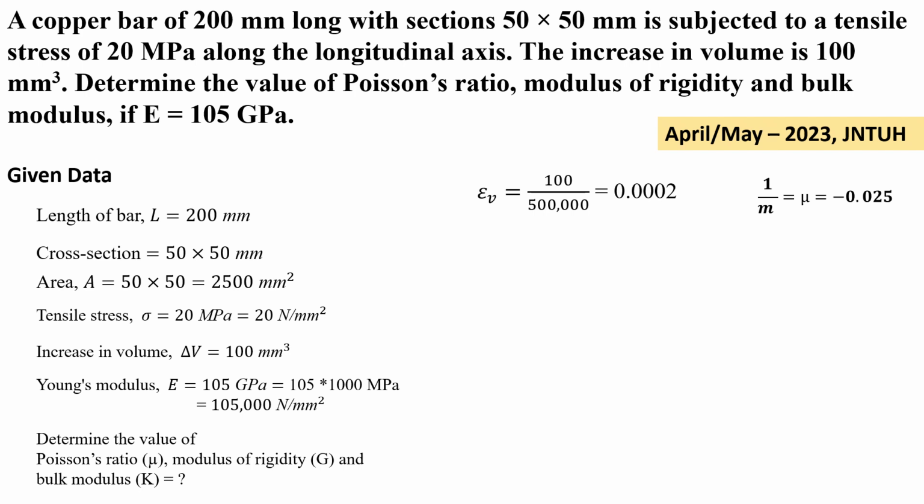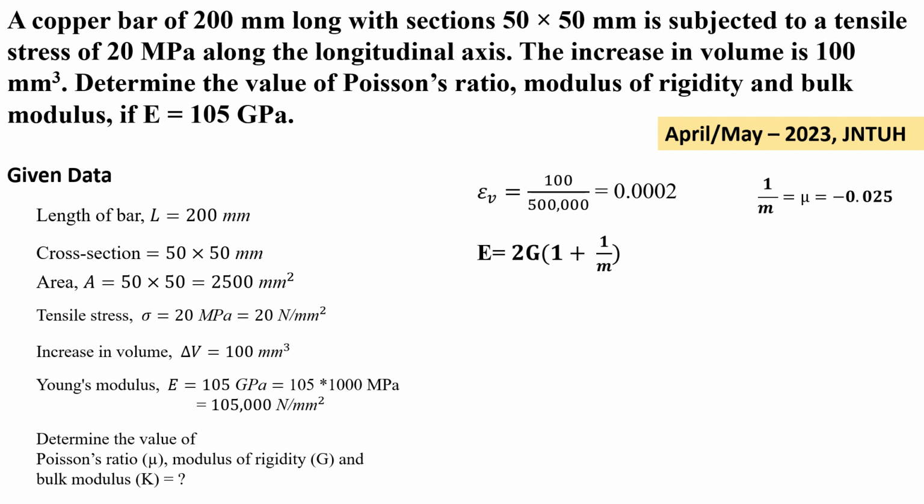So here we know the volumetric strain and the Poisson ratio value. Next we determine the G value by using the relation E equal to 2G into 1 plus 1 by m. Here E is given in the data and 1 by m we determined as minus 0.025.